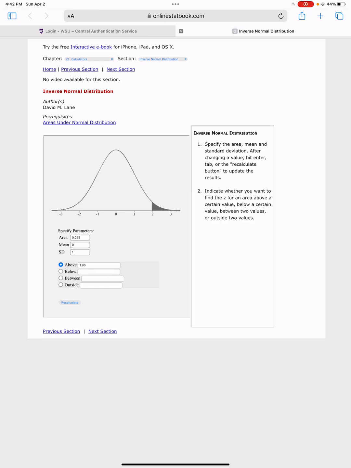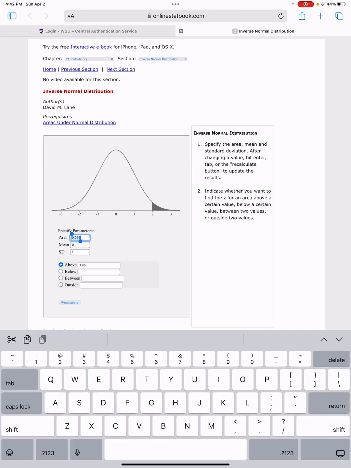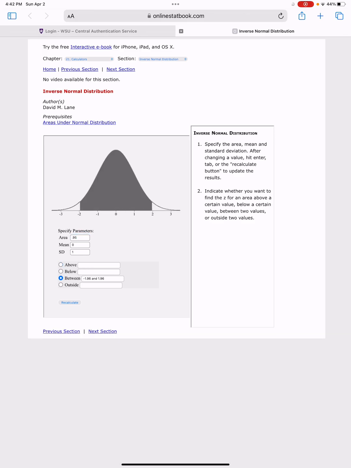Right now, I want a 95% confidence interval, so I'm going to put 0.95 for the area. And I want this to be between, not above or below. This is very important. And the numbers I get are minus 1.96 and positive 1.96.